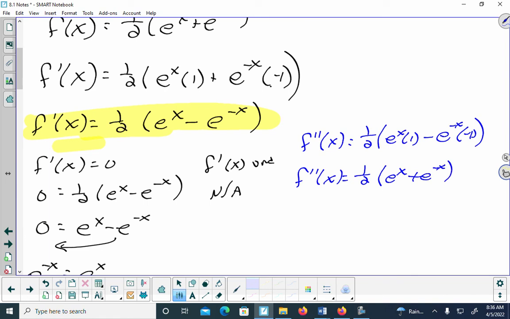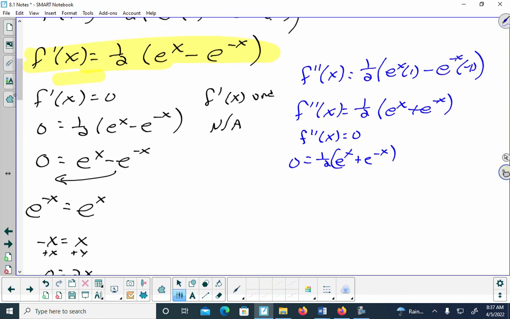Then I want to find the places where it is equal to 0. So to do that, I'm going to have 0 is equal to 1/2 times e to the x plus e to the negative x. Multiply both sides by 2, and I'm going to get 0 is equal to e to the x plus e to the negative x.